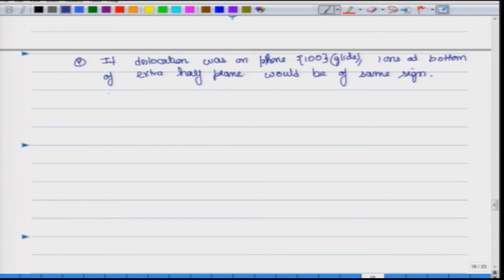When this is the case, it implies that this type of dislocation can interact with charged particles.